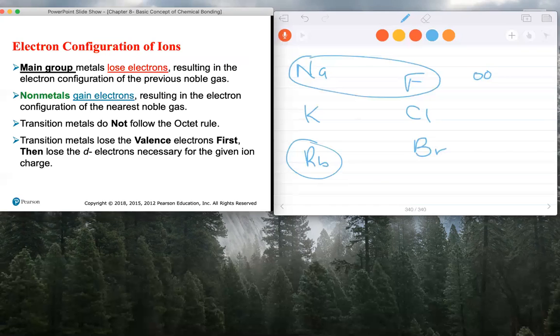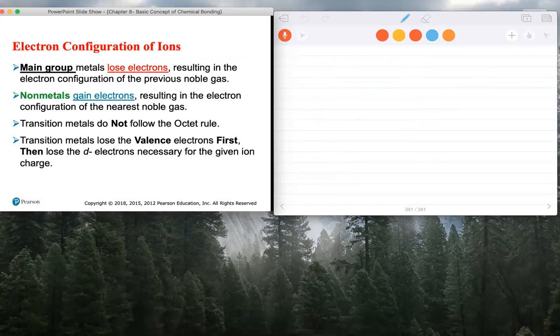Well, let's move on to electron configuration of ions. I think I did mention this last time.